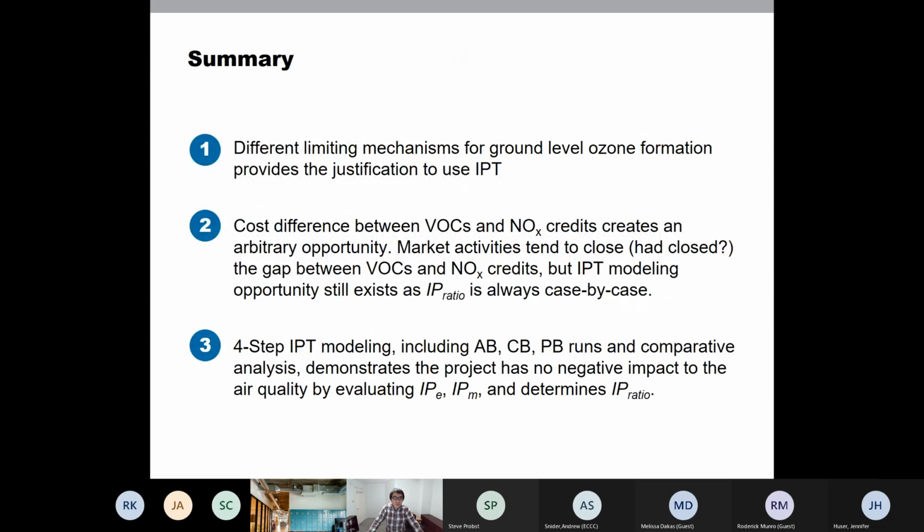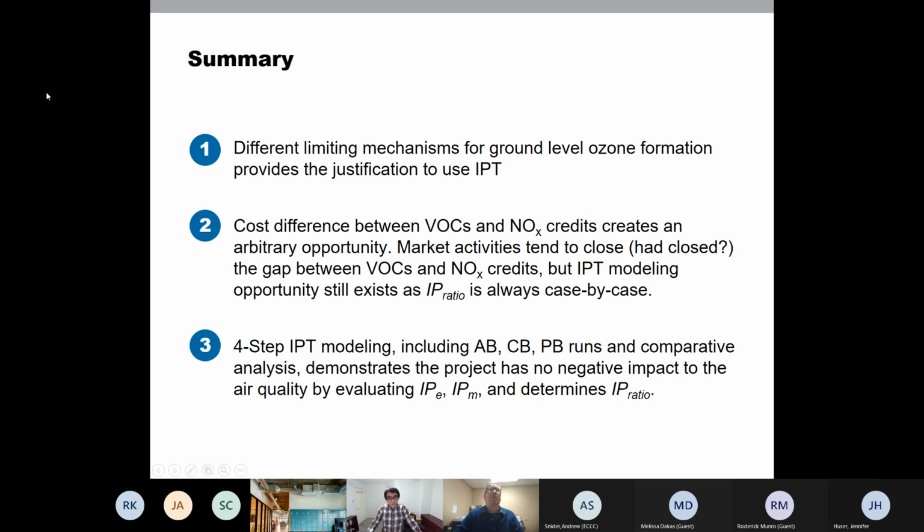To summarize, there are different limiting mechanisms for ground-level ozone formation that provide the justification to use inter-precursor trading. Because there are two precursors that make ozone, scientifically it makes sense sometimes to retire NOx for VOC.